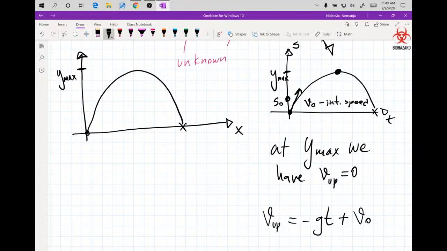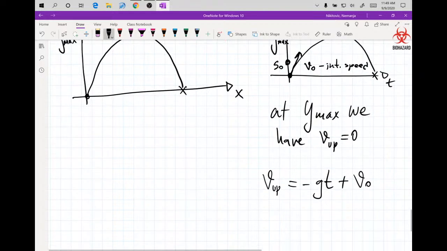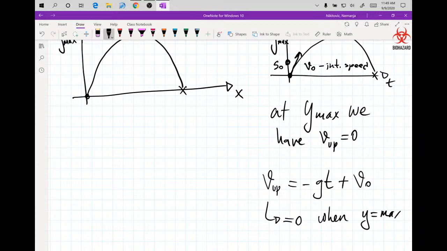So if you have initial velocity, which is how strong you toss the ball, how fast, and negative GT, this equals 0 when Y equals max. So you can calculate time.